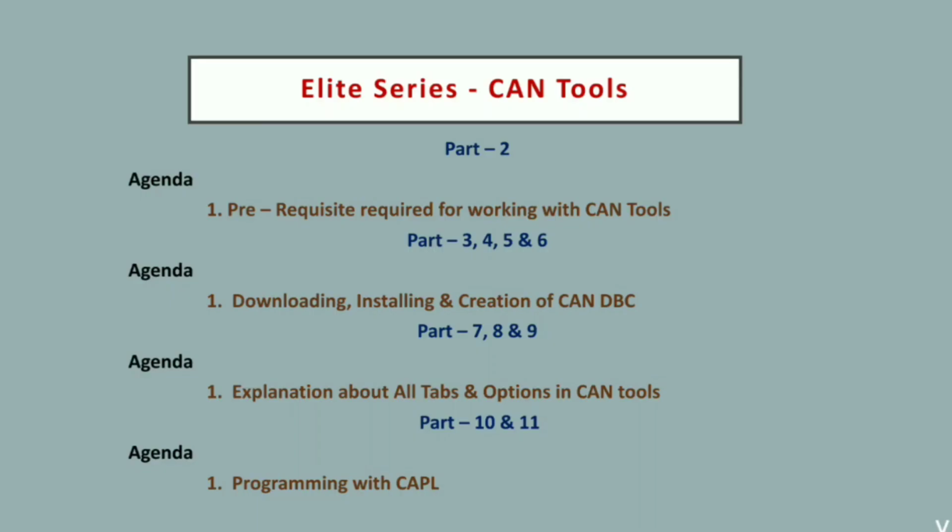So this is for your information in our Elite series CAN tools, that is Elite 7 I am talking about. In this Elite 7, these are all the topics that we are going to see. Here it is from 2 to 11. Here 3, 4, 5, and 6 are repeated from the previous Elite, so I'm not considering these.